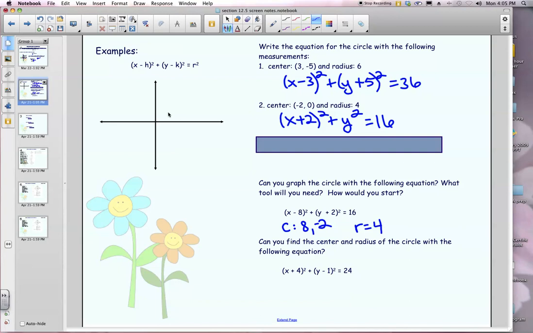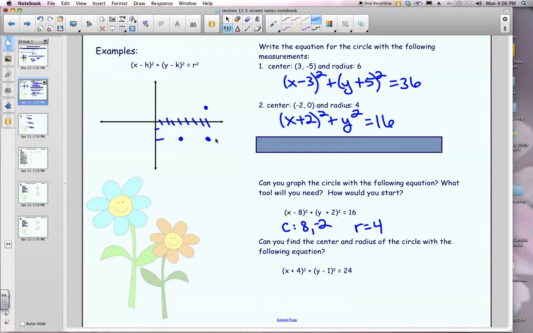So if you were going to graph this, you would go out 8, and go down 2. So your center would be at 8, -2, and then your radius would be 4. The easiest way to find that is to go vertically or horizontally 4. So you go up 1, 2, 3, 4. I would go out 1, 2, 3, 4.